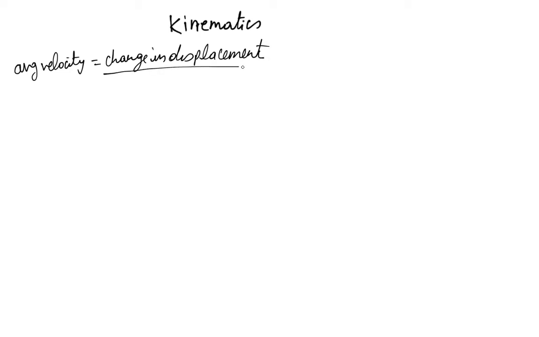Now we already know that the average velocity is given as change in displacement divided by change in time, right?